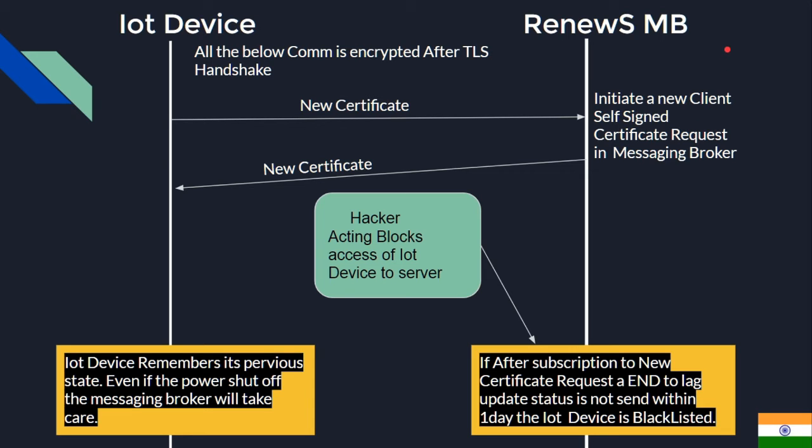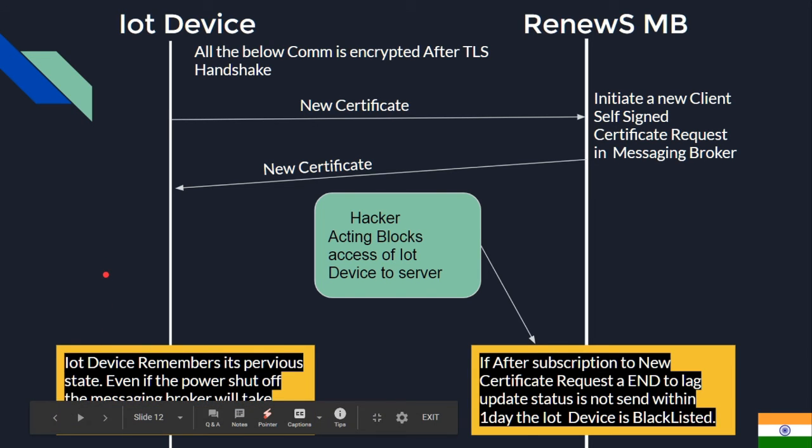Now the main server will contact the IoT device, and that IoT device has to update its IoT device certificate. If it does not update its certificate, then we will blacklist that IoT device, because we know that a hacker is trying to hack the network.